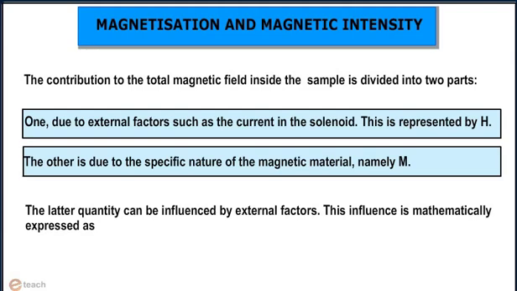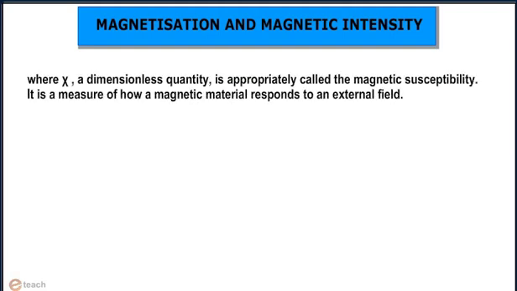This influence is mathematically expressed as M is equal to X into H, where X, a dimensionless quantity, is appropriately called the magnetic susceptibility. It is a measure of how a magnetic material responds to an external field.